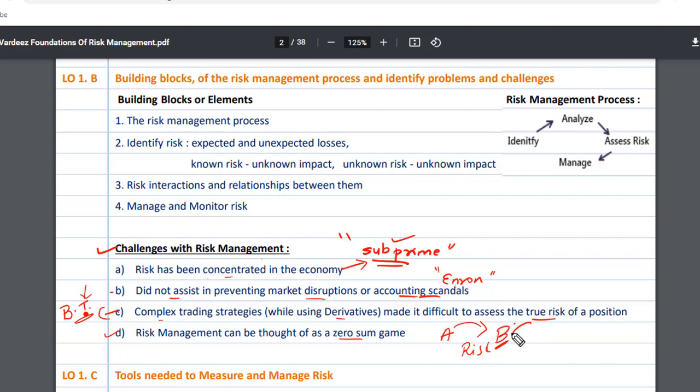And if everyone is transferring their risk to some specific counterparty, the risk is still there, it's getting larger and larger, and we can see the concentration of risk at counterparty B. There was also the example of AIG. They were accepting all the risk of the CDS, a derivative instrument we're going to talk about, accepting that in case of any default, they would pay off as per the contract to the counterparties buying the risk. So we've seen this, and it's not a zero-sum game as we think.